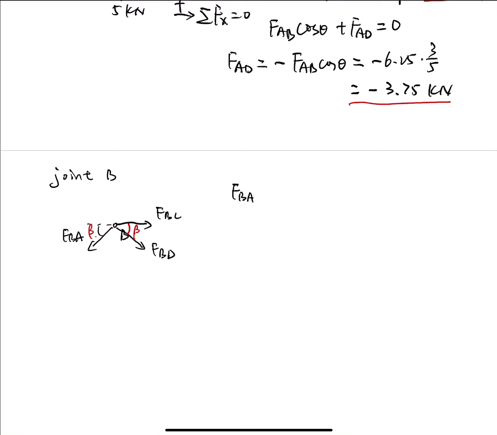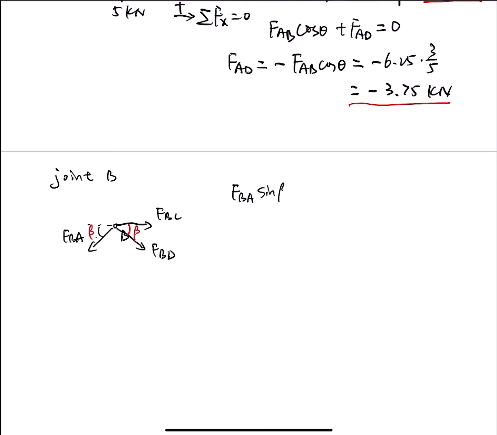Based on the geometry relationship, FBA times sine beta plus FBD times sine beta equal to 0. We can easily find FBD is equal to negative FBA.